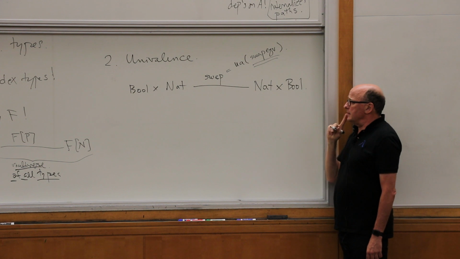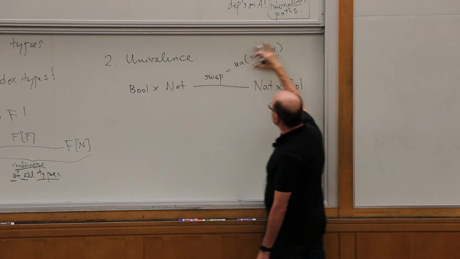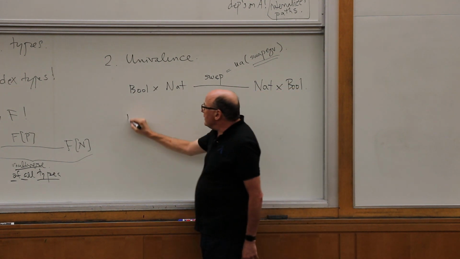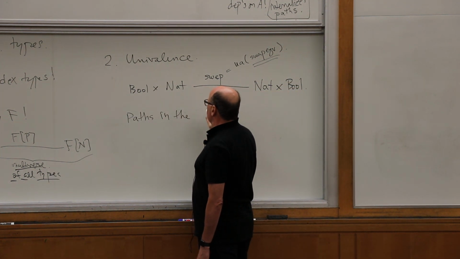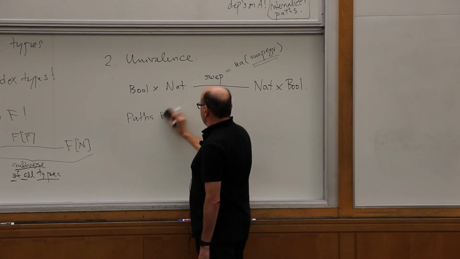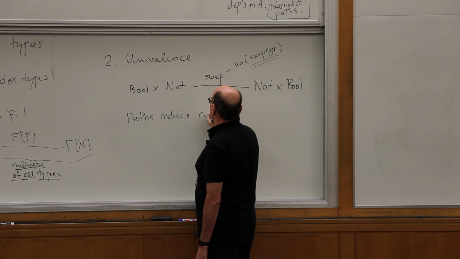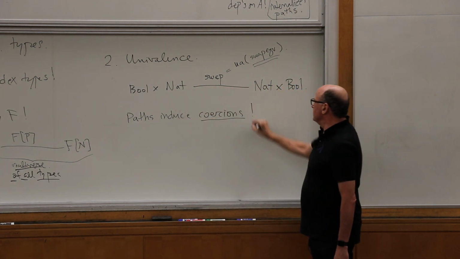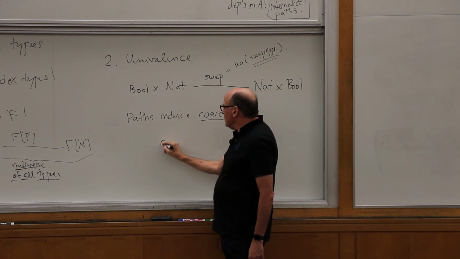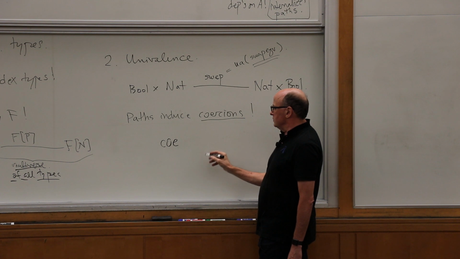So we package up a bunch of data here, and then the idea is that paths in the multiverse, well, everywhere, but paths in general, but paths in the multiverse in particular, paths induce coercions. Okay, that's the idea. And I'm going to want to be able to do a coercion. I'll call it COE, for coercion.